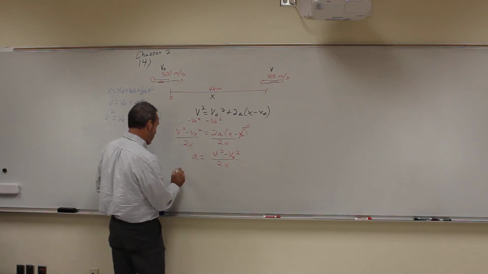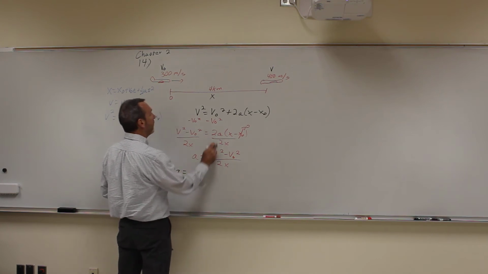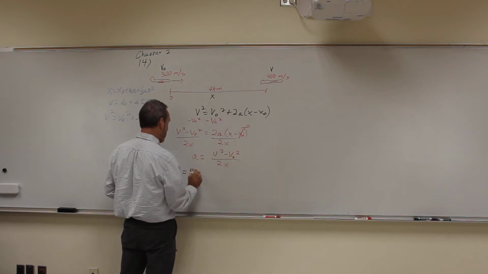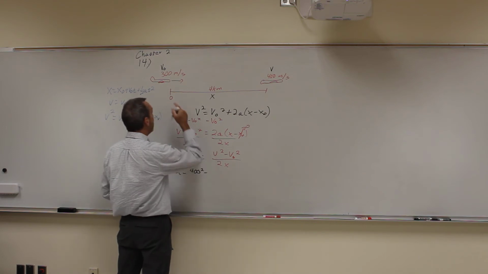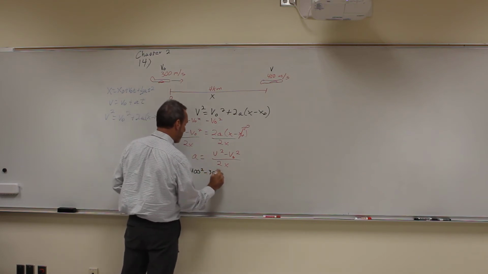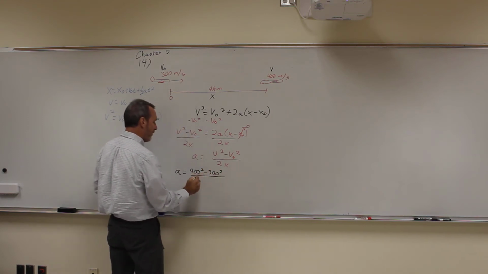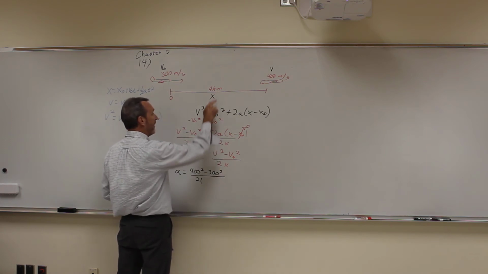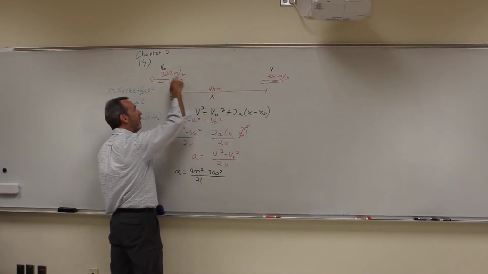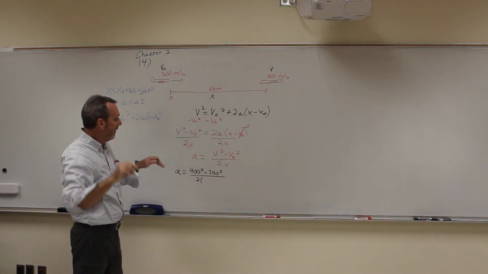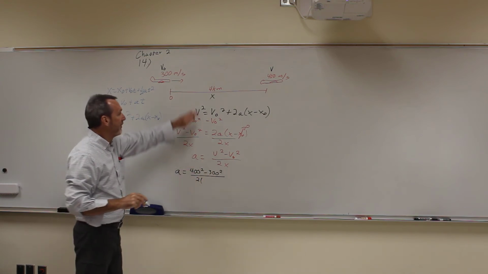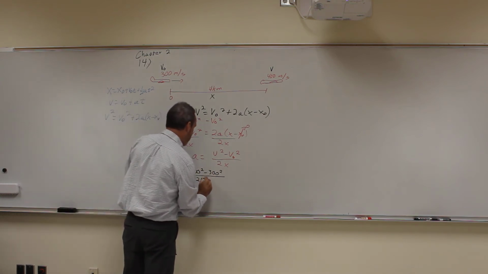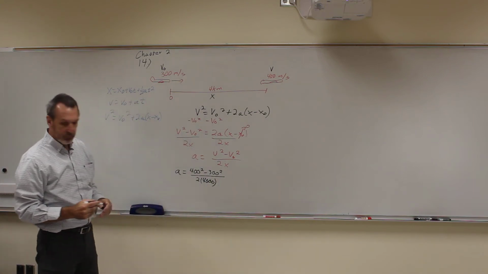So I'm just going to plug in the numbers. So a is equal to, now v squared is 400 squared minus 300 squared, all over 2 times the distance. Now you've got to be careful, this is in kilometers. We always have to do everything in meters so that it matches. So I'm going to convert that. Well, it's easy, that's 4,000 meters.